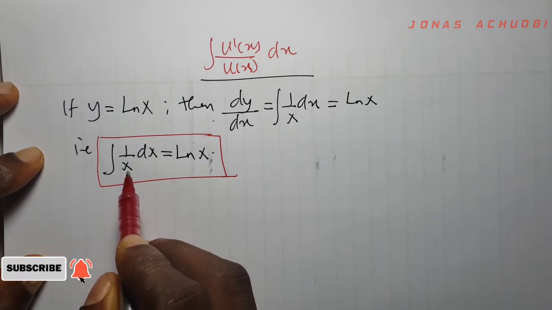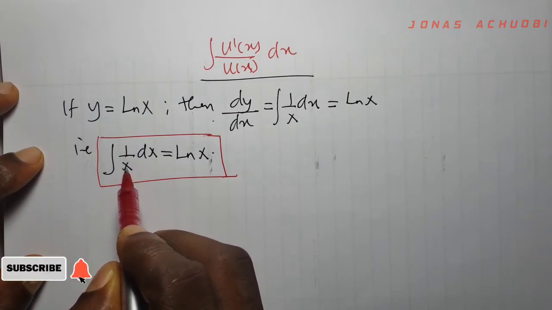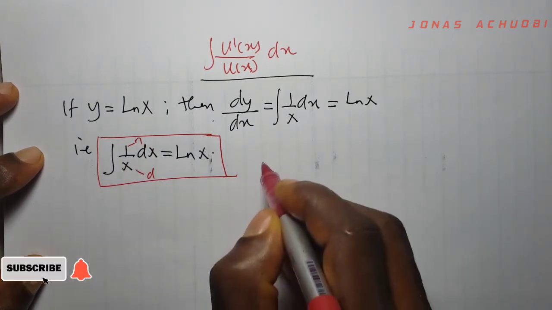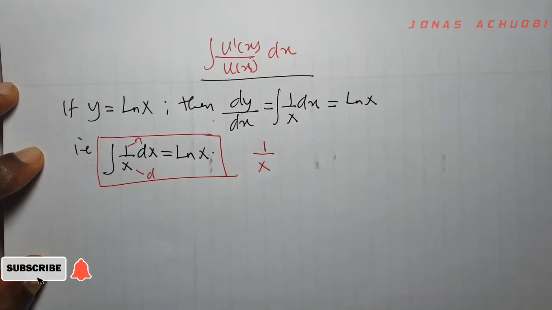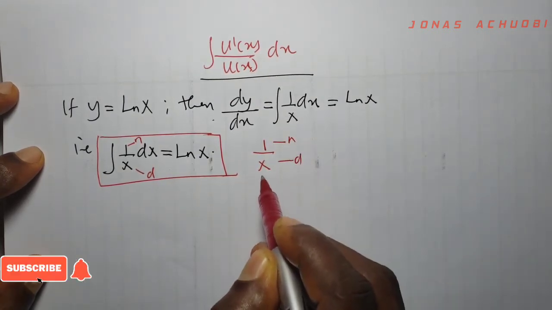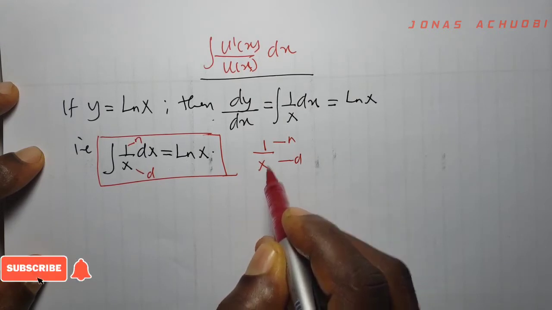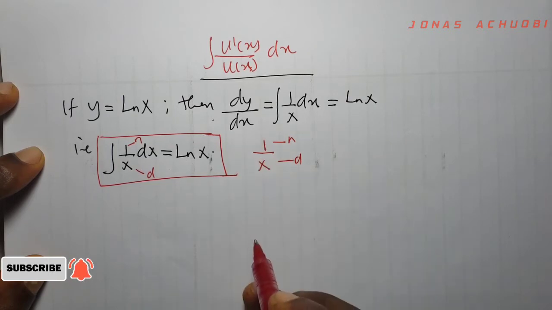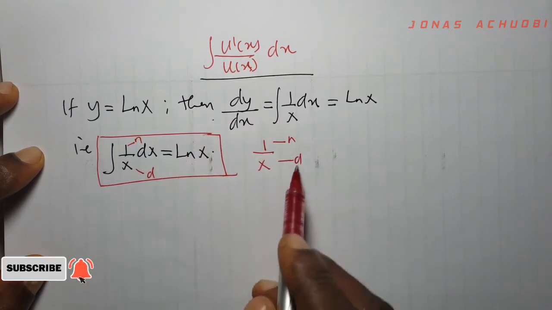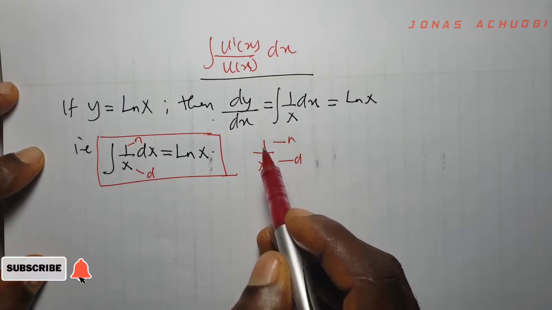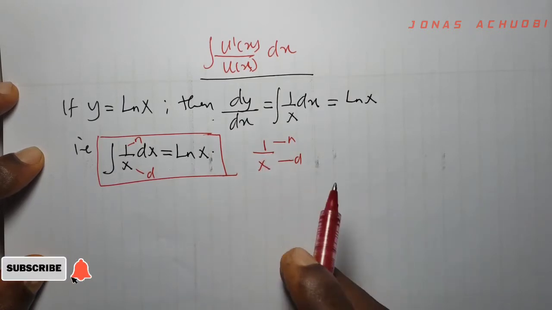We observe that 1 over x, 1 here is the numerator and x is the denominator of the fraction 1 over x. Let me write it out here, 1 over x. We observe that if we differentiate the denominator, what do we get? The numerator. Because if you differentiate x, you get what? 1. So the integrals we're dealing with here are integrals of this form, where the numerator is the derivative of the denominator.